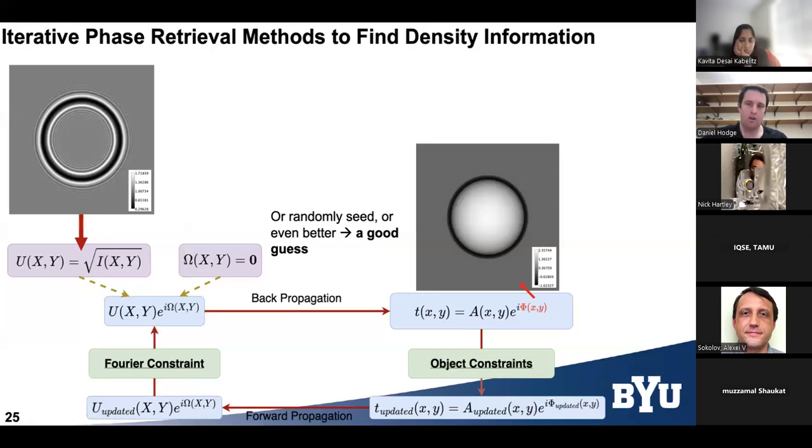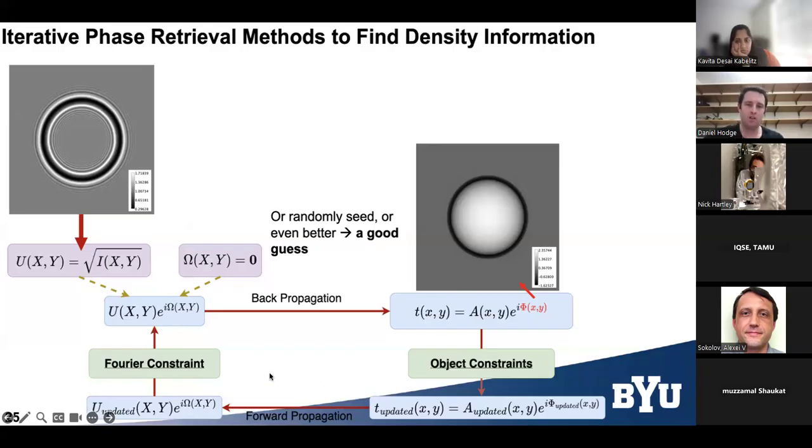And then once you've updated this so-called transmission function T, that's the amplitude and phase of your object, you can then forward propagate that to the detector to get an intensity pattern that, after many iterations, should look close to what you measured, right? And so then you implement this Fourier constraint to then get this updated diffraction pattern.